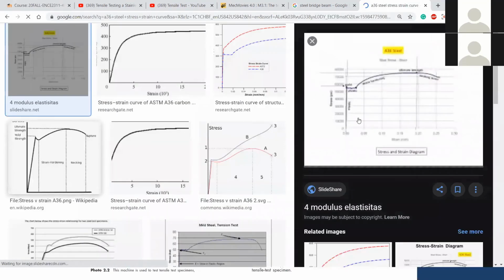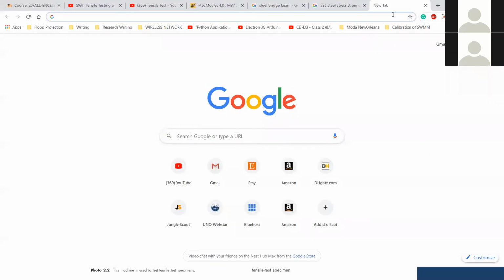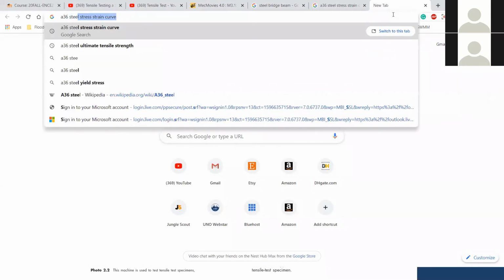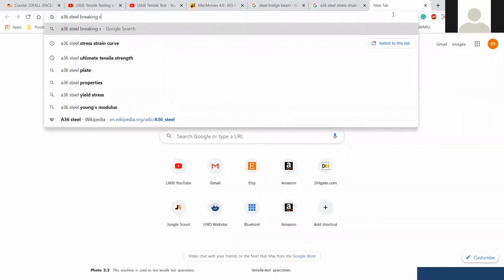I don't know if it's clear on your screen, but in this one you can see the elastic, plastic, strain hardening, and ultimate strain, and then the necking phase for A36 steel. The 36 stands for 36,000 psi steel.